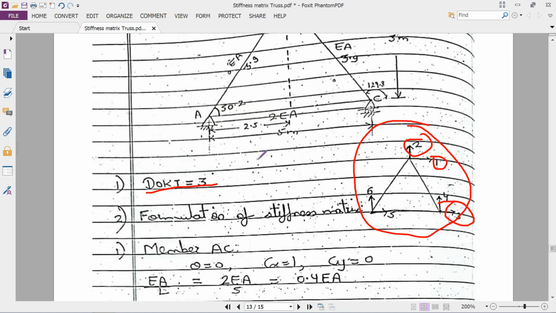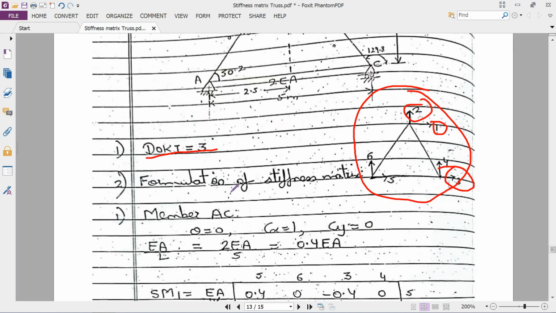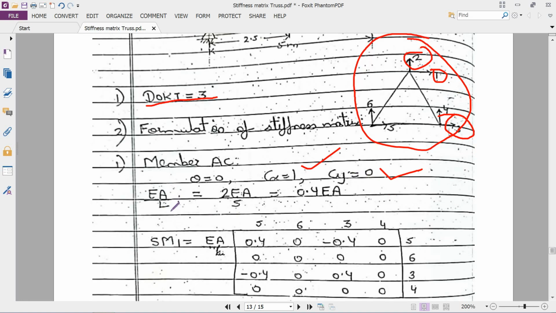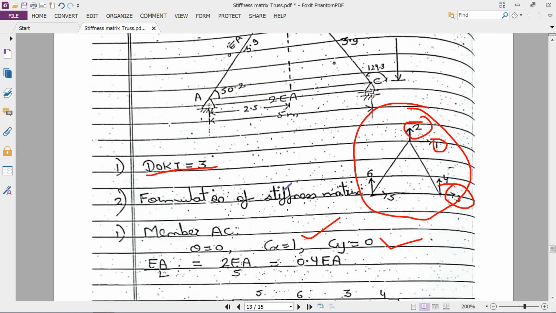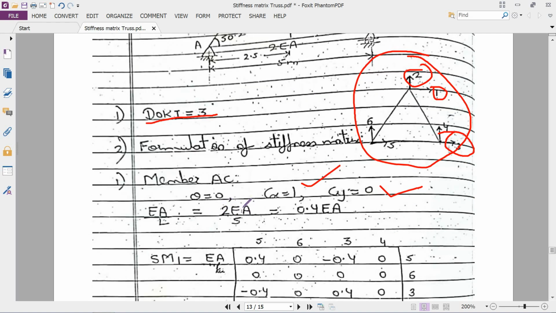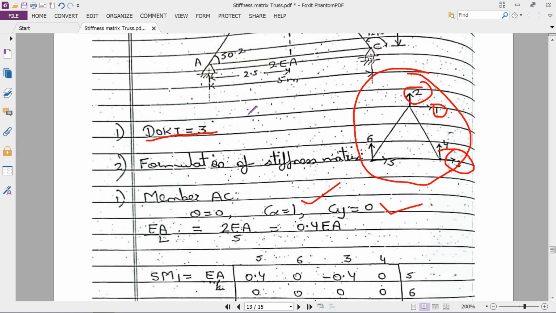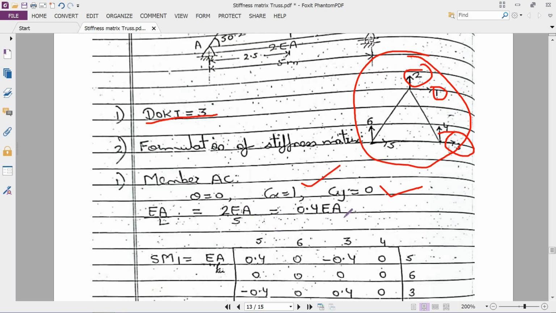For member AC, as it is a horizontal member, the angle of inclination will be 0. Therefore Cx, that is cos 0, equals 1, and sin 0 equals 0. EA by L value we have to calculate. EA is given as 2EA, so we put it on the denominator side, and L is given as 5 meters, so we put 5 in the numerator. The answer will be 0.4 EA.